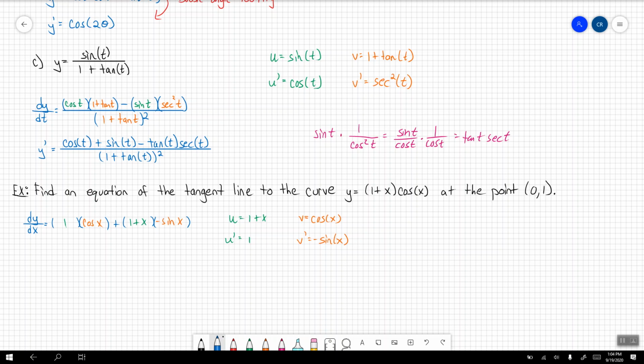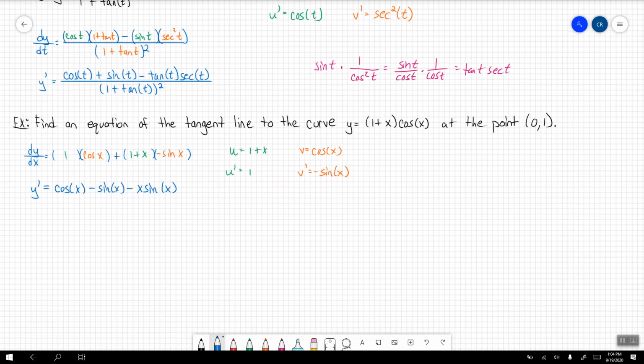Let's clean this up a little bit more. And so far we have that y prime is equal to cosine of x, let's distribute, minus sine of x minus x times sine of x. And now if we want to find the slope of the tangent line, this is going to be y prime evaluated at the given value of x.